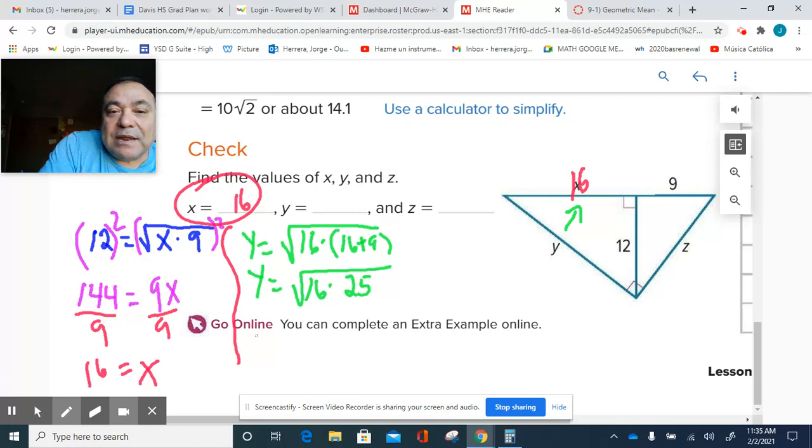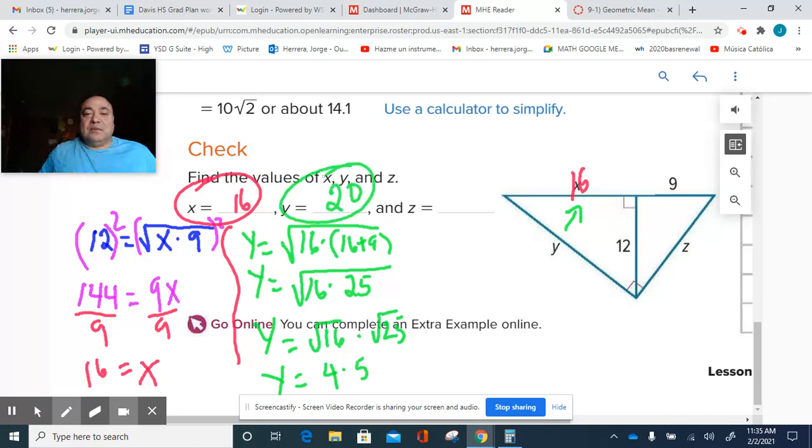You can put all that in the calculator and get the answer, but I would say that's the same thing as the square root of 16 times the square root of 25. So y equals 4 times 5. Therefore, y is 20. Oh my goodness, I'm so cool. And I got 20 here.